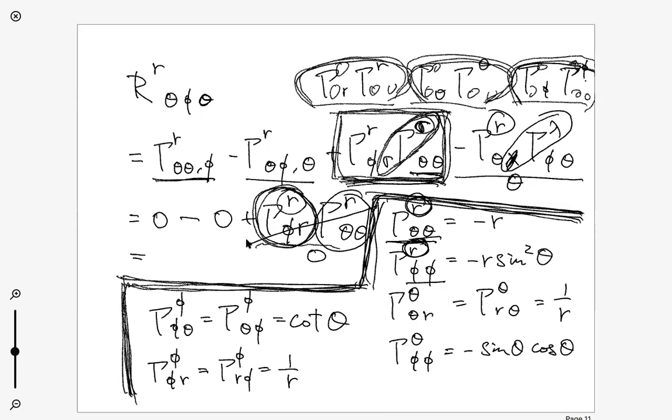So in order for this term to be non-zero, we only have lambda equal theta. It can't be phi, because we don't have theta phi down here. So lambda should be theta.